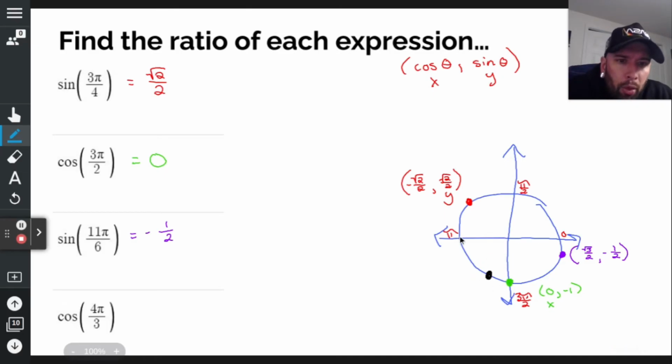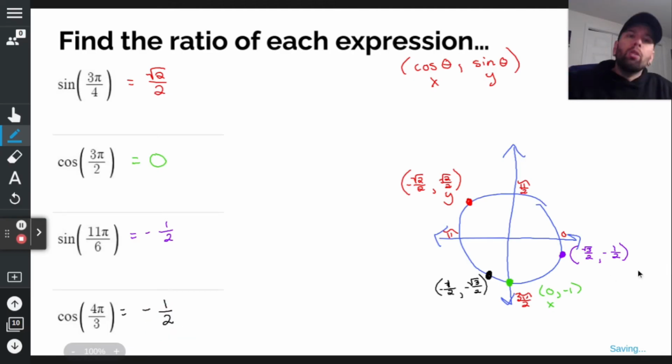If we're thinking x values, that's root 3 over 2, root 2 over 2, root 1 over 2, so 1 over 2, and then the other one is root 3 over 2. X and y are both negative. So cosine wants you to find the x value, and the x value is negative 1/2 in this case.